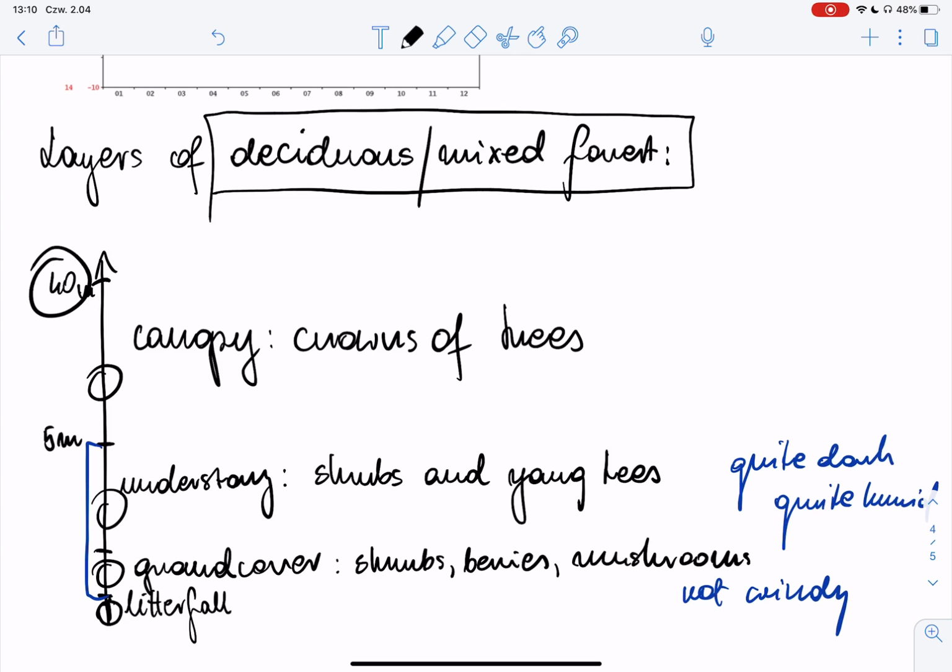There will be no other species, and in some cases there will even be a lack of those layers. So a typical pine forest will consist only of the litterfall, some small ground cover, there will be no understory, and there will be a canopy which will not be blocking any direct sunlight, but this is just FYI.